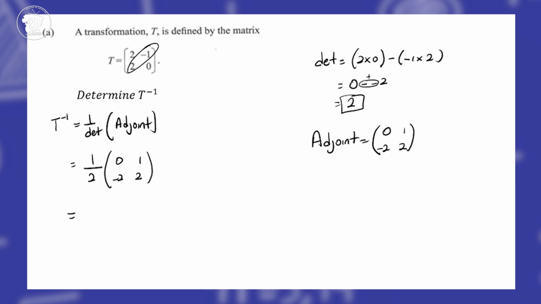Half times 0 is 0, half times 1 is 1 over 2, half times -2 is -2 over 2, and half times 2 is 2 over 2. This simplifies to 0, 1 over 2, -1, and 1. So the inverse of T is [0, 1/2; -1, 1]. And that is the answer for this question.